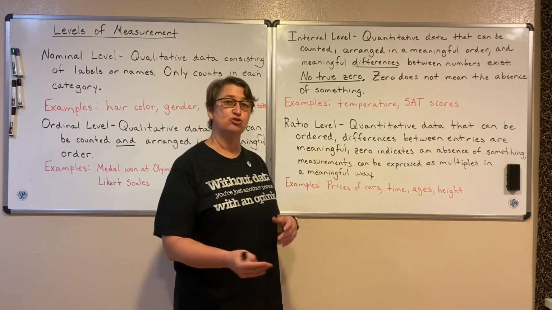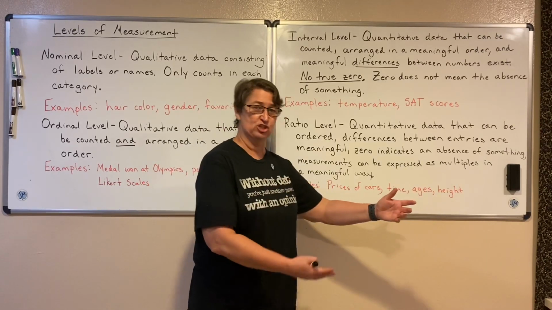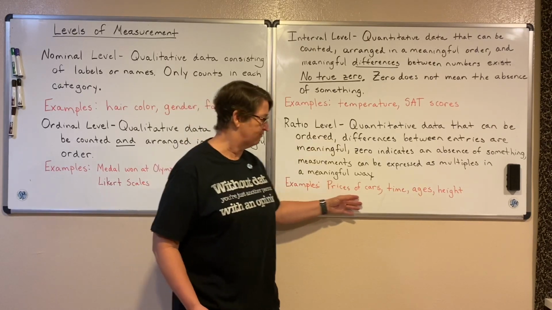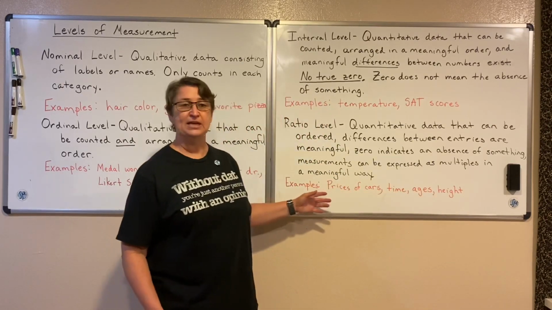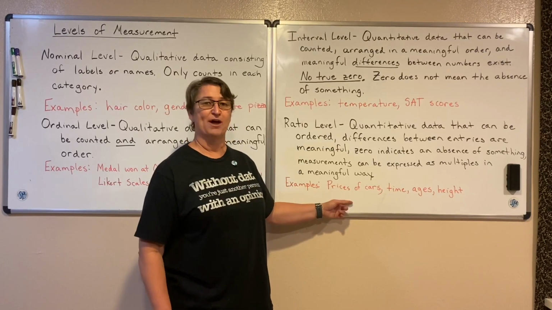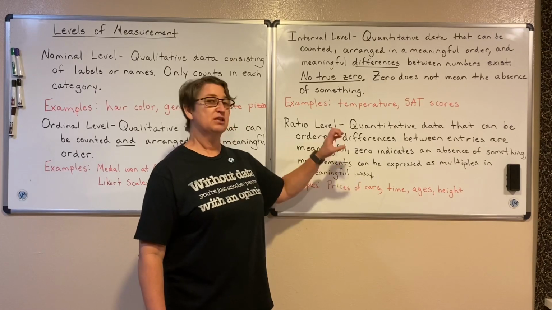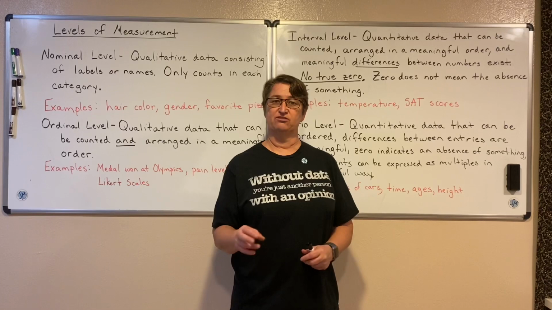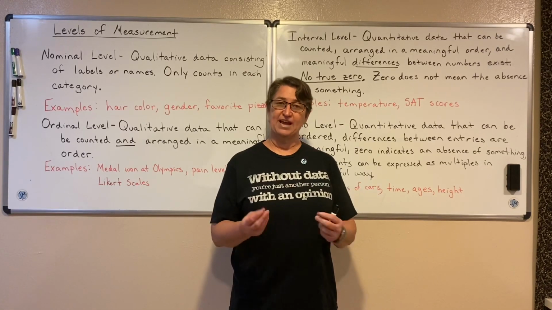I can actually do some addition and division. And especially since there's that true 0 involved, I can find mean averages. I can find all kinds of different statistics. We'll learn about those as we go along. But the level of measurement lets me know which types of statistics I can find for the data that I've collected.